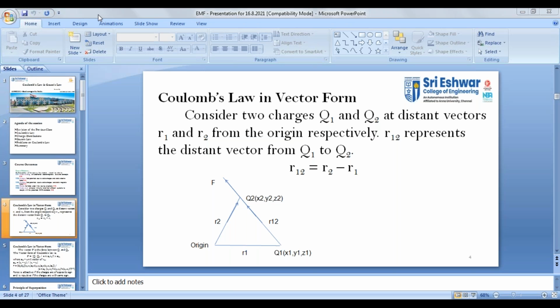Now I am going to take R12 as the resultant distance vector between the two charges Q1 and Q2. This distance vector R12 is given by R2 minus R1. This is a formula we have to memorize first, because this theory portion will be helpful for solving the problems.